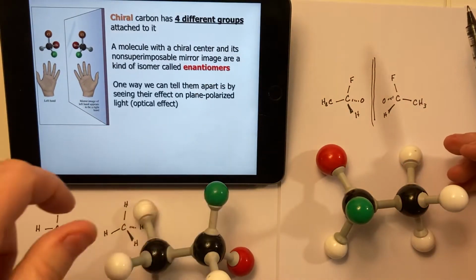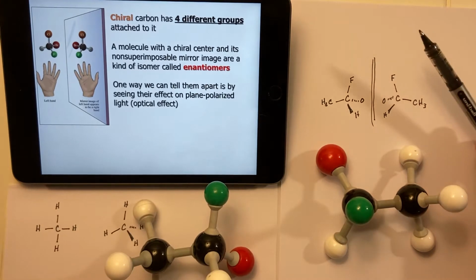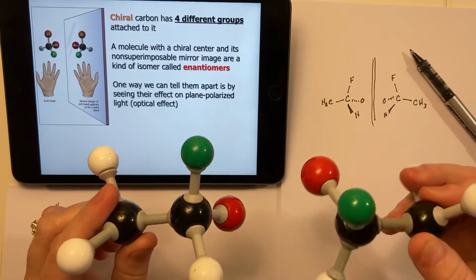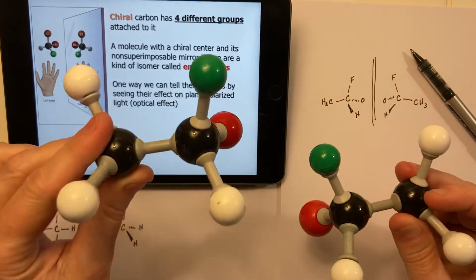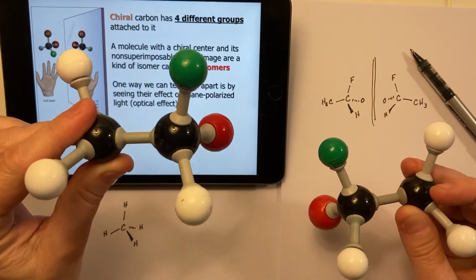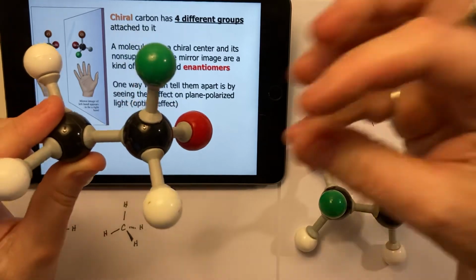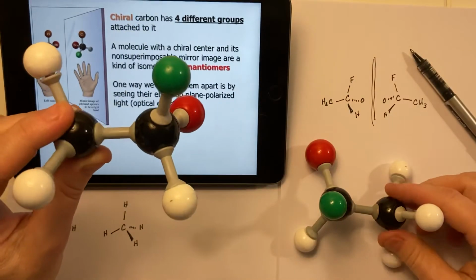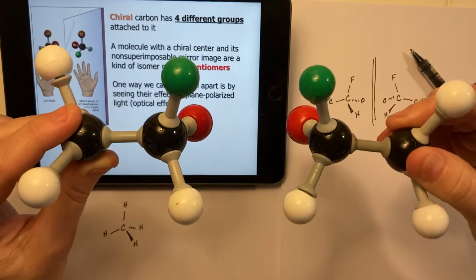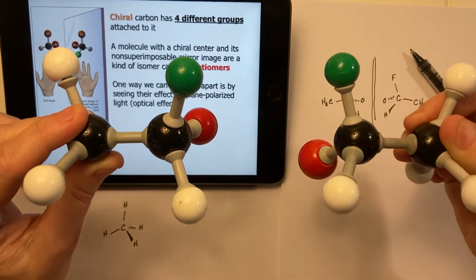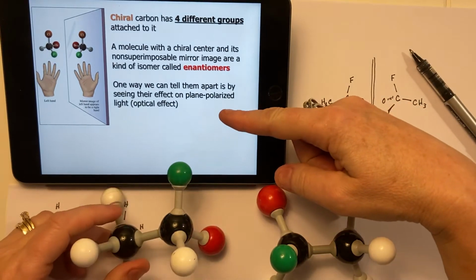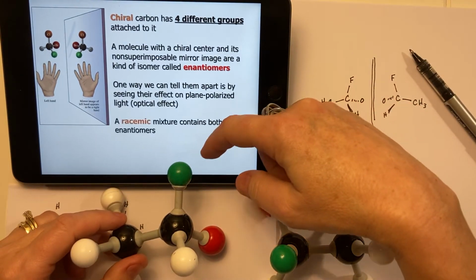Mirror image. So one way we know that molecules behave like this is the way this type of molecule rotates polarized light. You could do an experiment. The way it rotates light is just the opposite to the way this enantiomer rotates light. So experimentally, we can tell them apart by that optical effect.